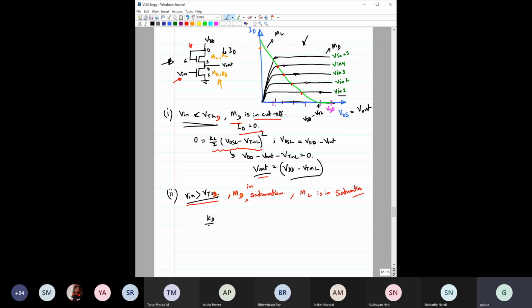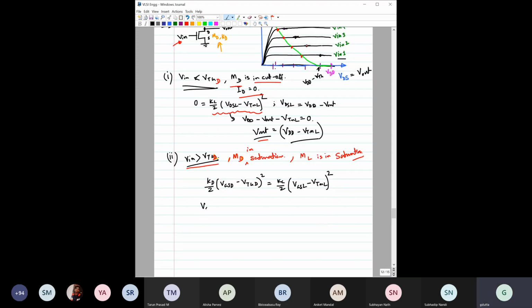Simply KD by 2 into VGSD minus VTHD, that is square, equals KL by 2 into VGSL minus VTNL, that is square, right? If we simplify it, finally we will get that V out will be equal to VDD minus VTNL minus root over of KD by KL into V in minus VTND.